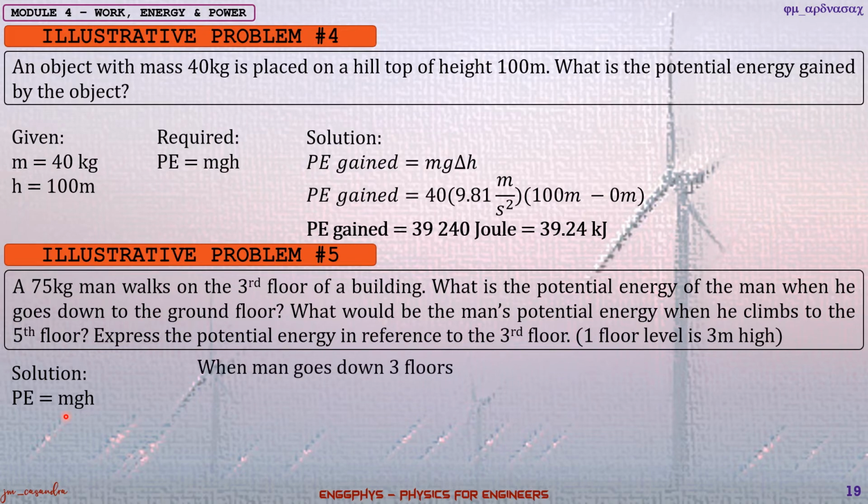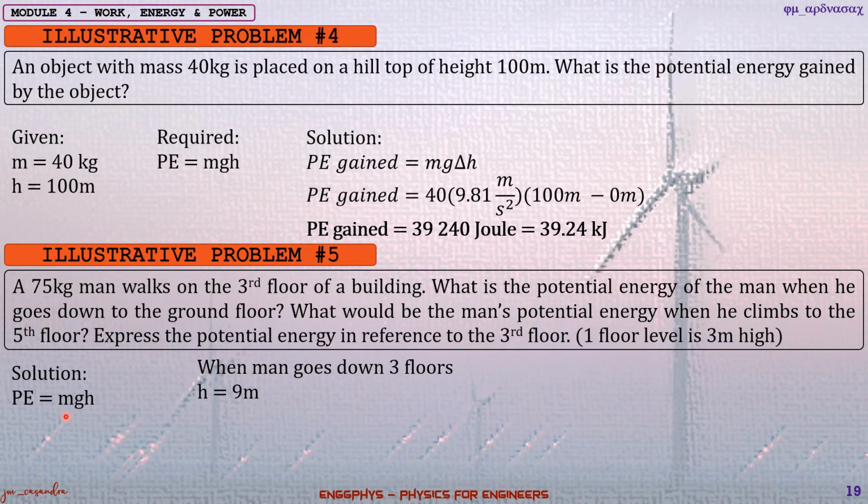So let's solve for the first question. When the man goes down 3 floors from the 3rd floor, meaning from the third floor to the first floor, or from the 3 to 0, we'll have a height of 9 meters. So 3 floors times 3 meters per floor is 9 meters.